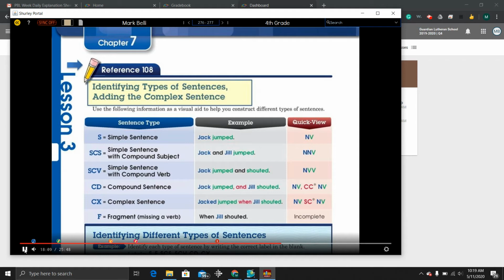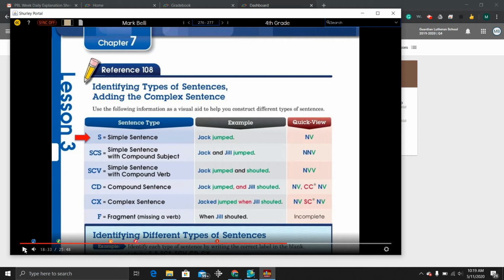Adding the complex sentence. Use the following information as a visual aid to help you construct different types of sentences. Notice we have the sentence type, an example, and a quick view that recognizes the parts of speech. The first sentence type is a simple sentence.